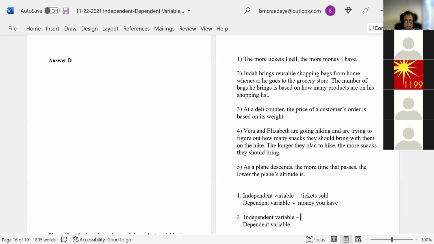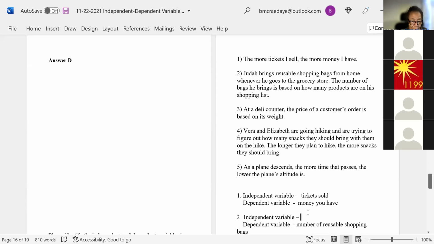So the dependent variable is the number of reusable shopping bags, right? Okay, so your dependent variable would be the number of reusable shopping bags. And your independent variable would be the number of items on your shopping list, right?